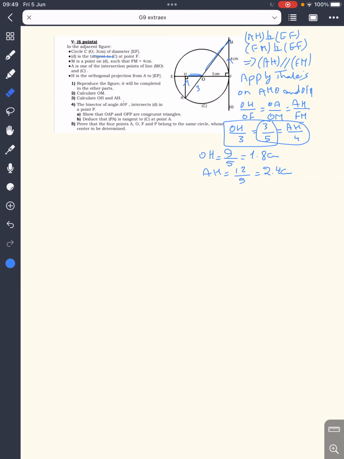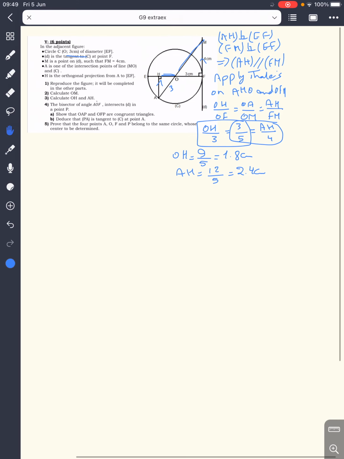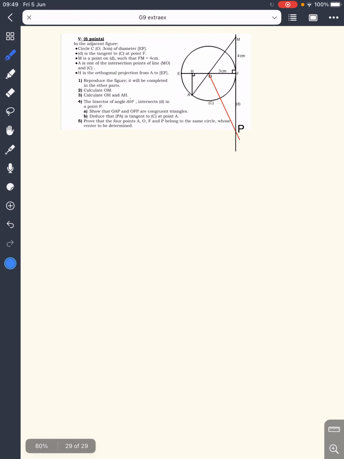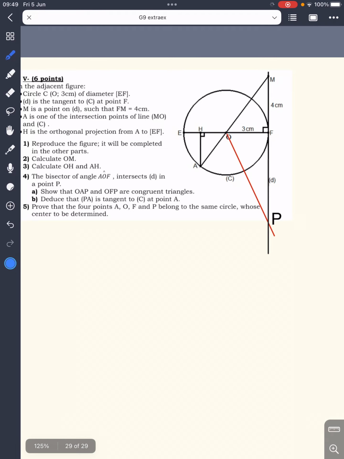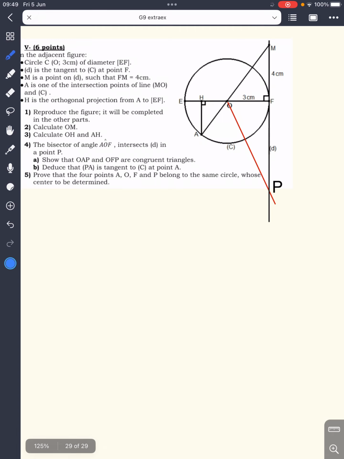The bisector of angle AOF. Bisector means it cuts the angle into two equal angles. Here is OP, the bisector of angle AOF. Show that OAP, this one here, and OFP are congruent triangles. Let's start. They gave us, it's a bisector, so I must use the angles in the two triangles AOP and FOP.